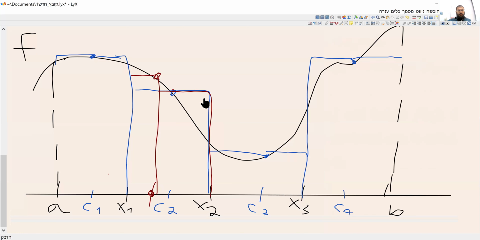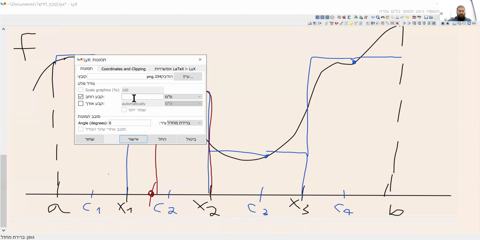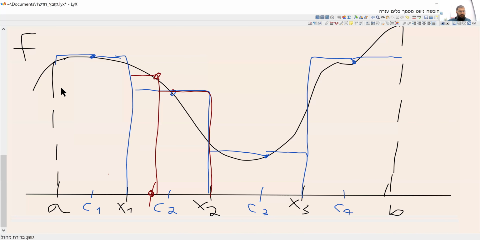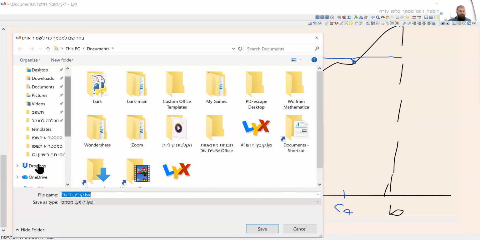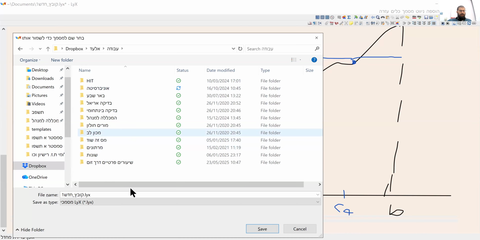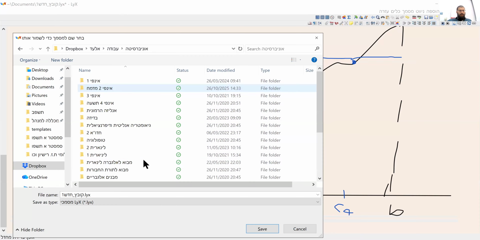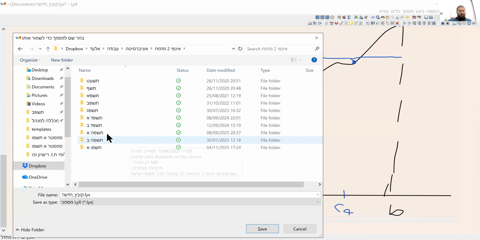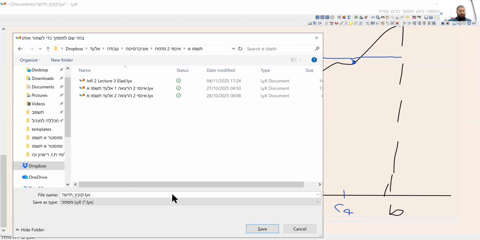I need to save the file. Okay, now let's save. You can have a glimpse of my Dropbox. It's very well organized. MP2.